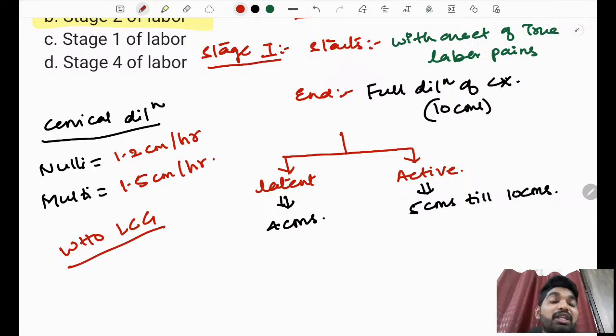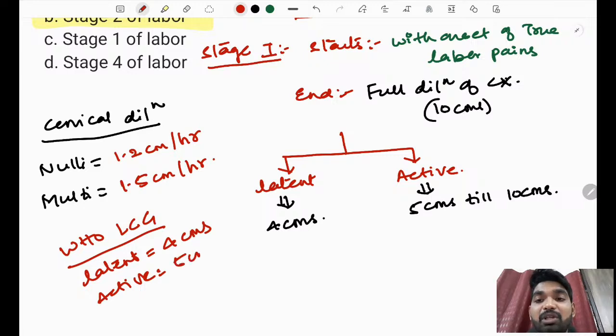The WHO labor care guide is your next generation partogram. Latent phase is still 4 centimeters and active phase begins from 5 centimeters, right? Okay, so this you need to remember. This is very, very important. I am giving you Q marks.